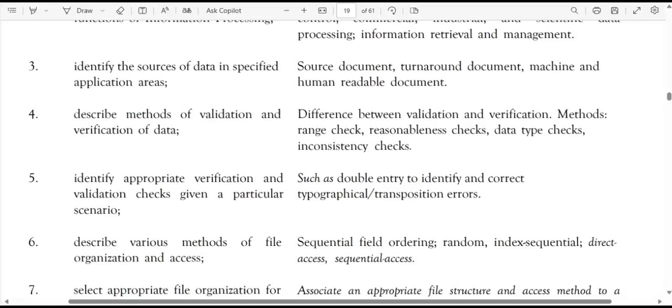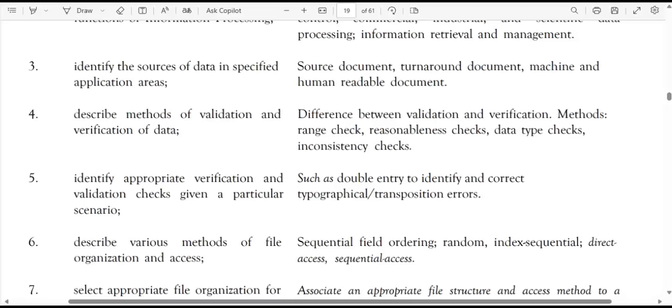Alright, now what are the methods of validation? Validation is about preventing bad data or errors from entering the system. So some common methods used to check validation are range check.